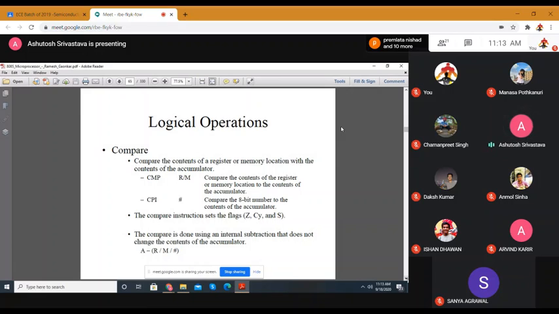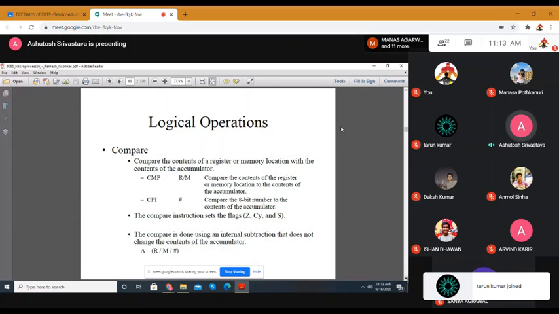Similarly, your other instruction, which is CPI, which is compare immediate, would help you when you compare an 8-bit number to the contents of your accumulator.